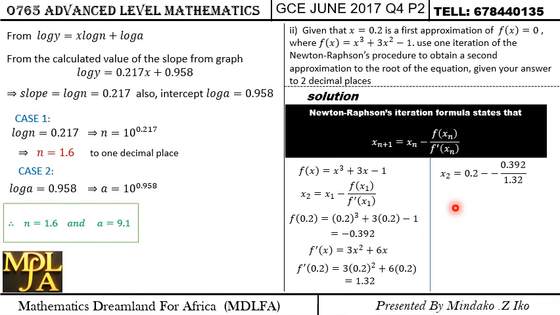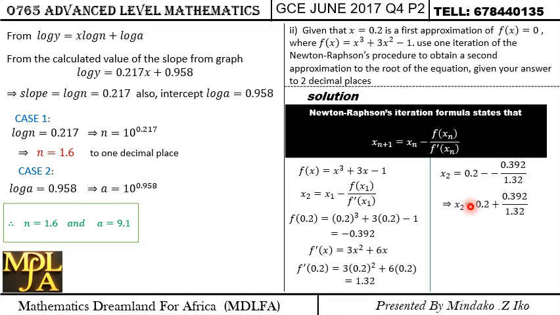That is why I have a minus here; this minus comes from this part. So I have x2 equal to 0.2 minus negative 0.392, divided by 1.32, since 1.32 is the derivative at my x1.